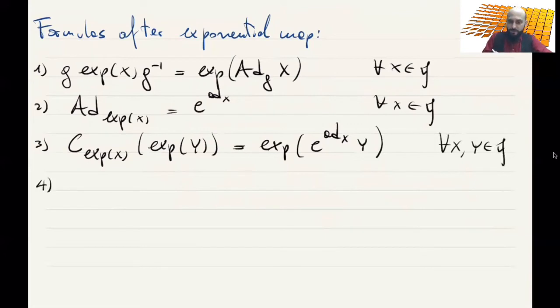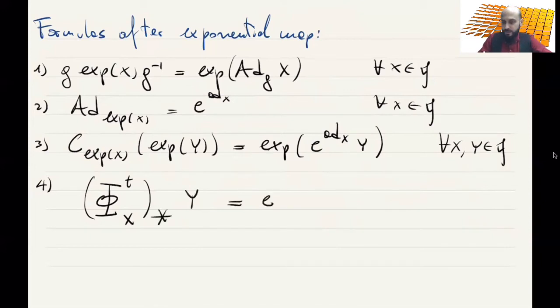Another formula is about the push forward of a vector field. If you take the flow of the left invariant vector field x at time t, and with this you push forward a vector field y, then what you obtain is e to the minus t ad x of the vector field y.